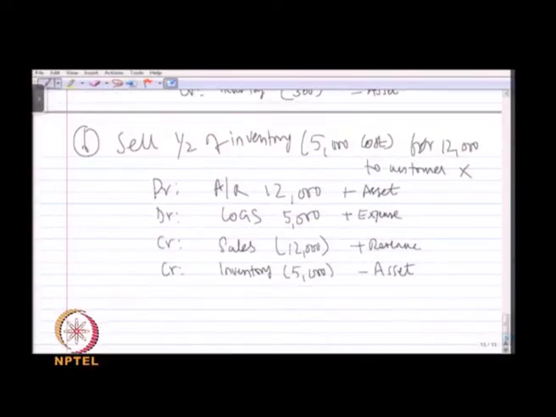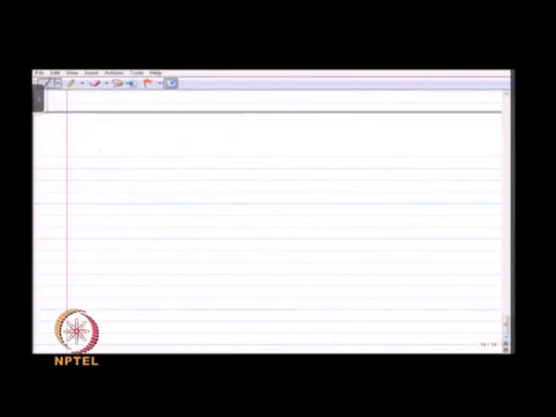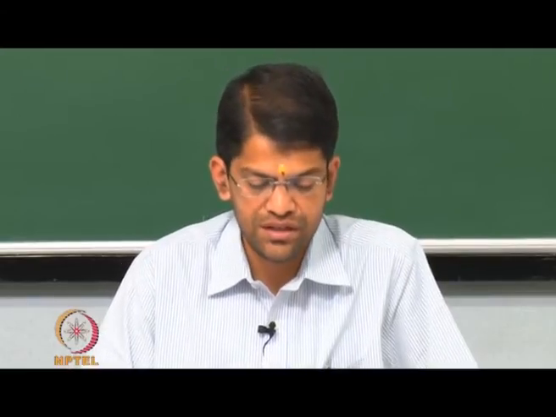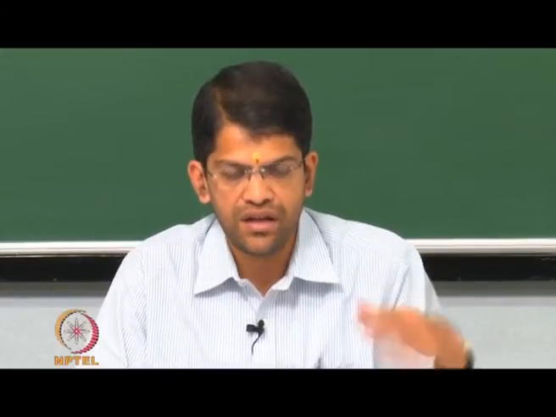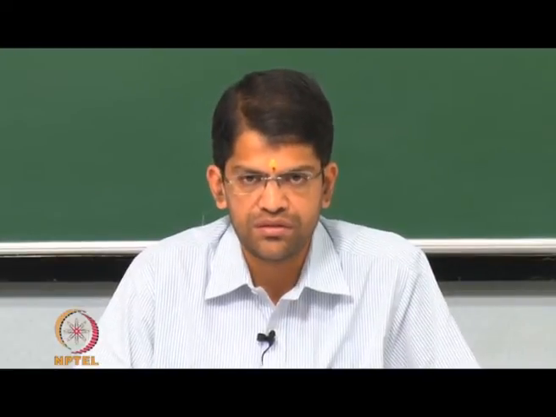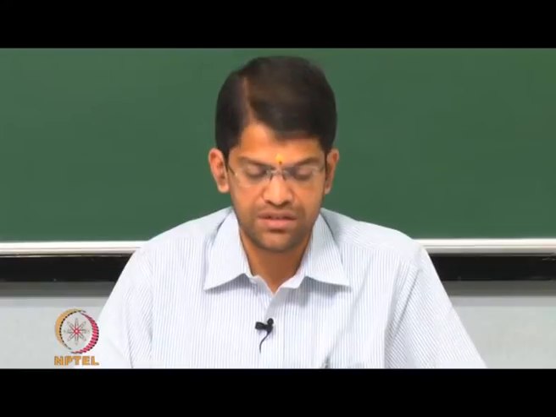So, let us say the next activity was the same customer X tells the Z corporation that they would be willing to buy the rest of the inventory that is available in the company in the next month. So, how do we record this transaction?